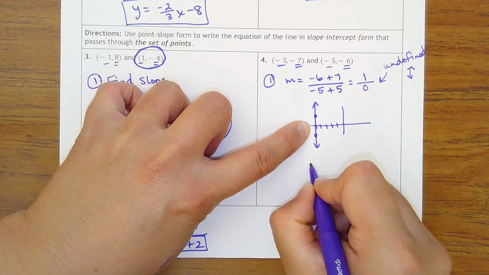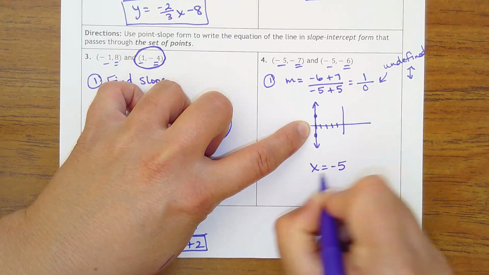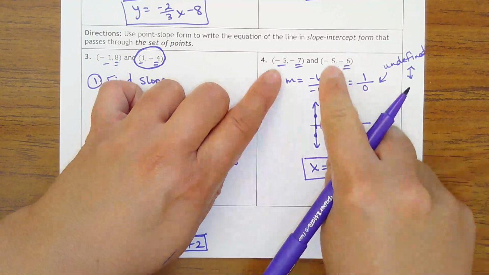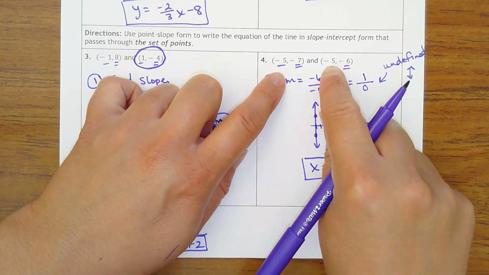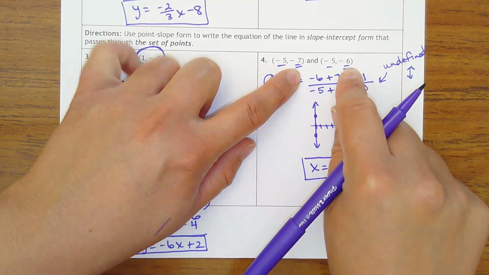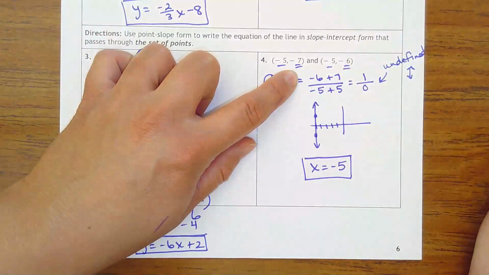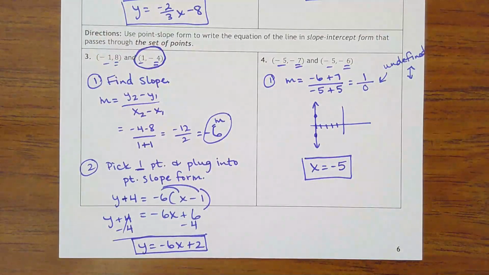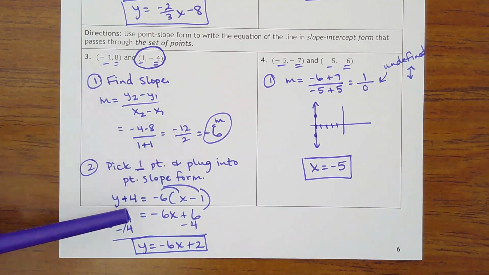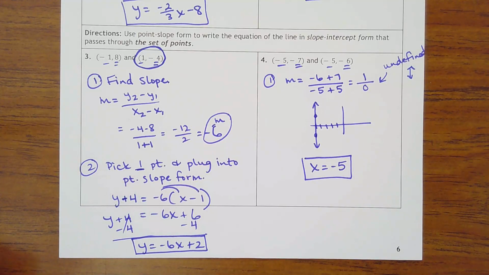So this equation is x equals negative 5. So see how x's are both negative 5? If my y values would have been the same, I could look at it and know just y is that number. So that's a little trick to help speed you up. But if the slope is a fraction or a number, you have to keep going and simplify it down.